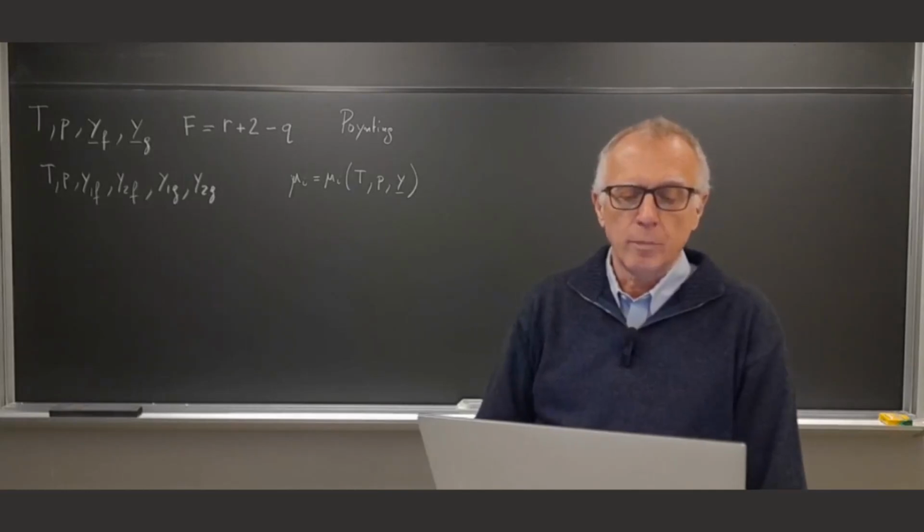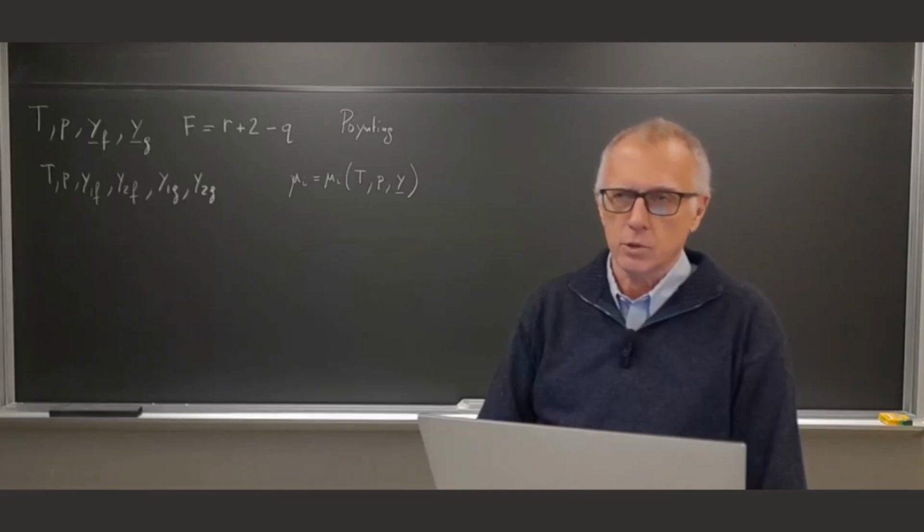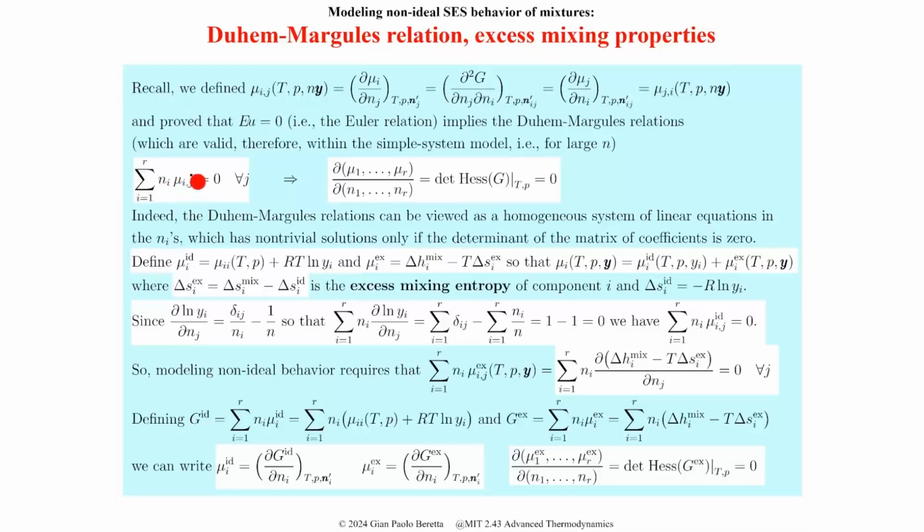And if you go back into your math courses, you will find that a system of homogeneous equations has a solution only if the determinant of the matrix of the coefficients is equal to 0. But this matrix is what we called the Hessian, because it's the matrix of the second derivatives, and its determinant is also something that we have encountered.